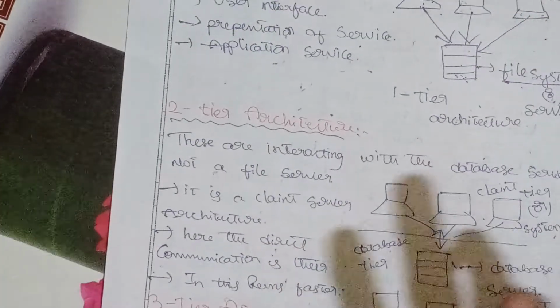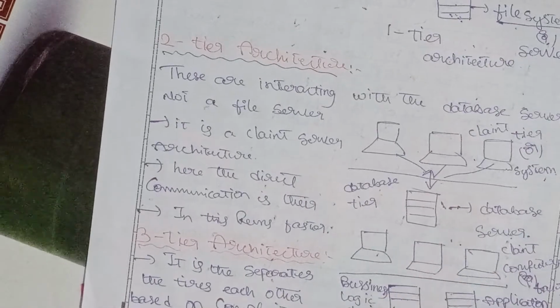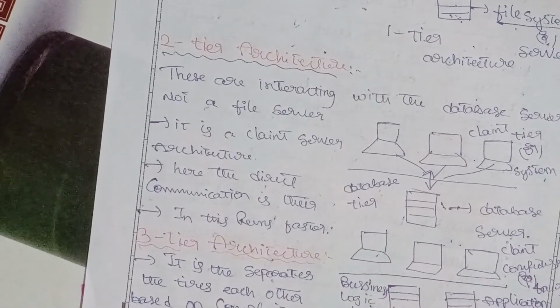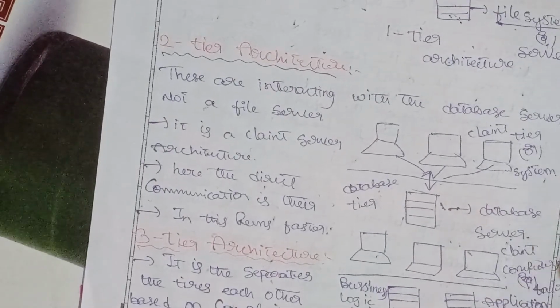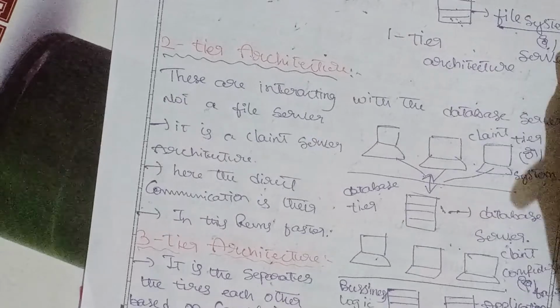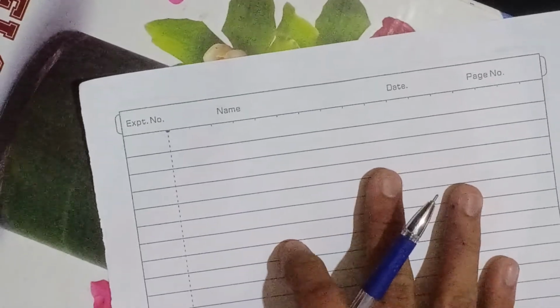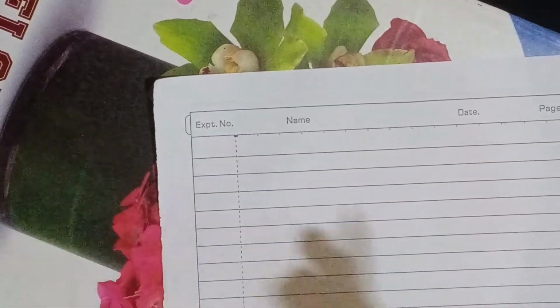These have three layers: client layer, business layer, and data layer. Let me explain three-tier architecture clearly. First one, the database or data tier.